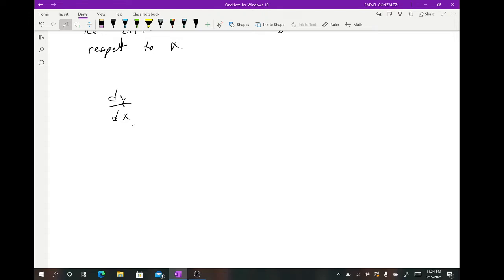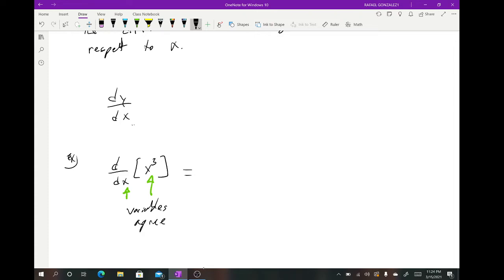So for example, let me just illustrate this with an example. If you take the derivative with respect to x of x cubed, let's just start with this. Notice that here, I'm taking the derivative with respect to x, and I'm taking the derivative of something that has an x term in it. That's x cubed. If this is the case, notice that these variables agree.